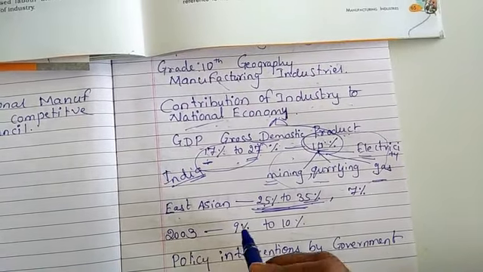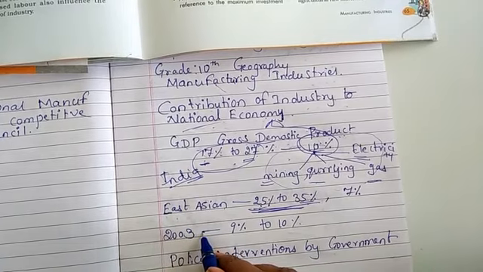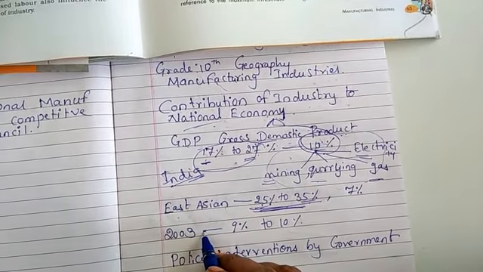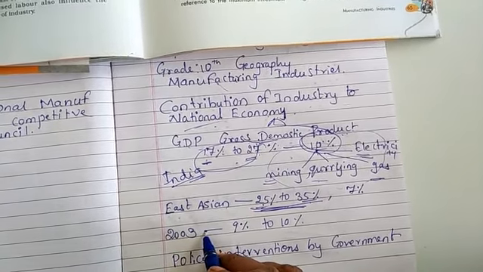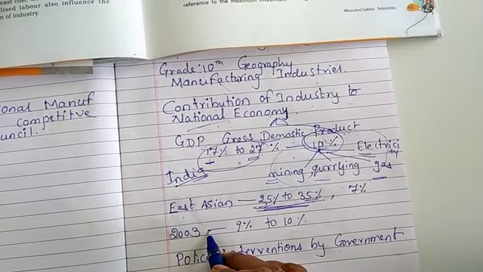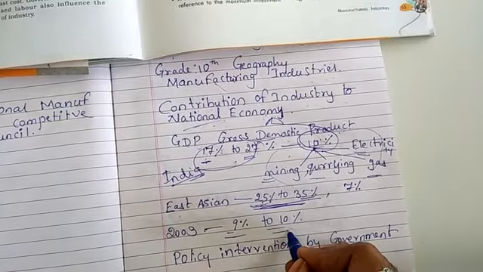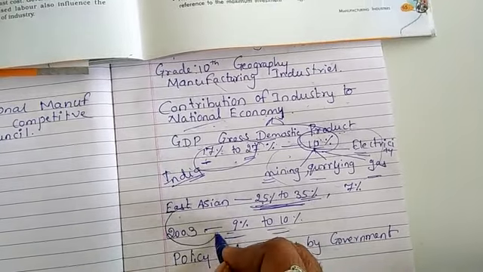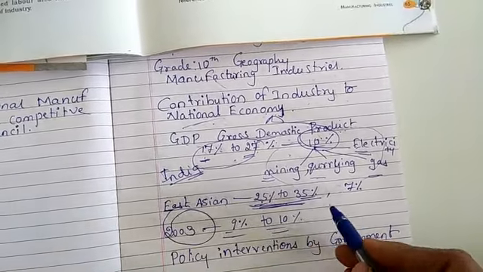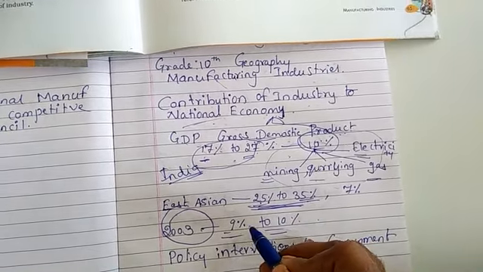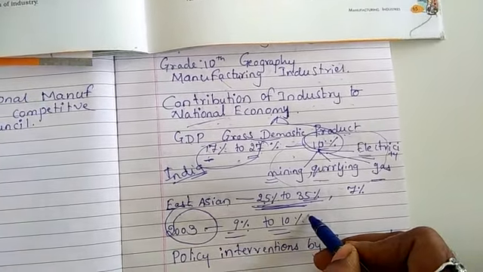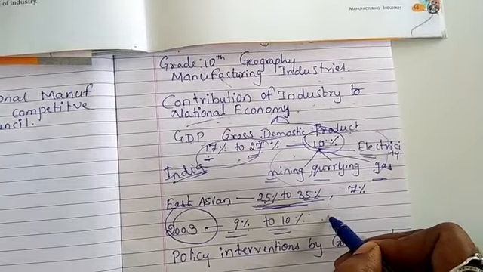Since 2003, when we see the survey, the growth of the manufacturing industry is about 9% to 10% per annum.